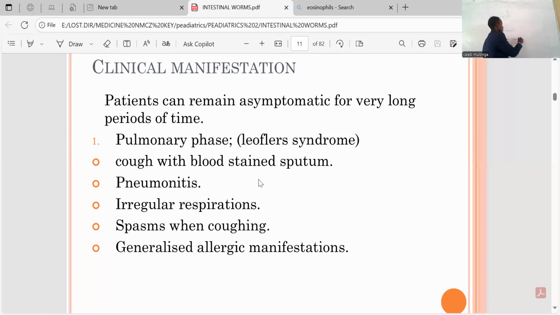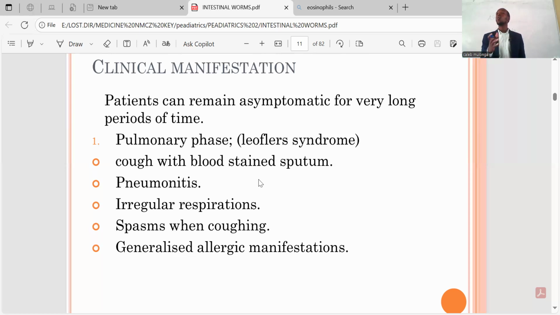Irregular respirations. When we talk about irregular respirations, we are simply talking about this person not being able to breathe in a regular rhythm. We understand that breaths or respirations should be rhythmic, meaning there should be a rhythm to it.